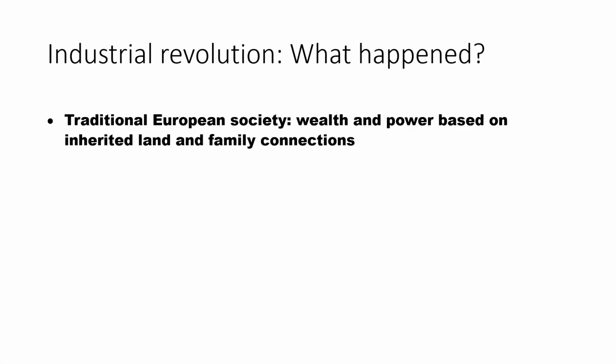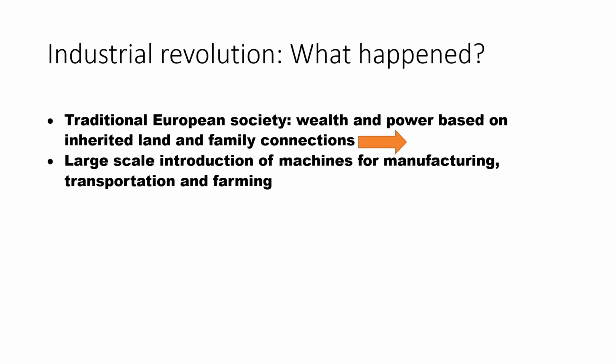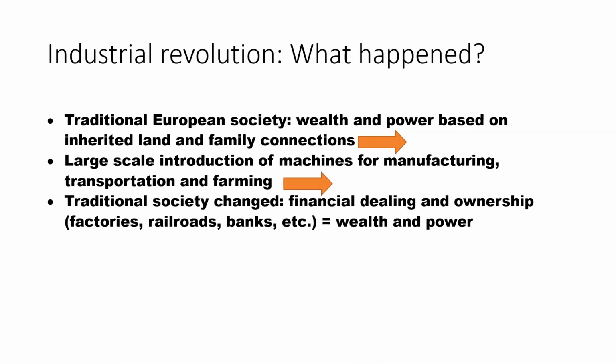So what happened? Traditional society, where wealth and power were based on inherited land and family connections, that changed. There was large-scale introduction of machines for manufacturing, transportation, and farming. And that changed society.